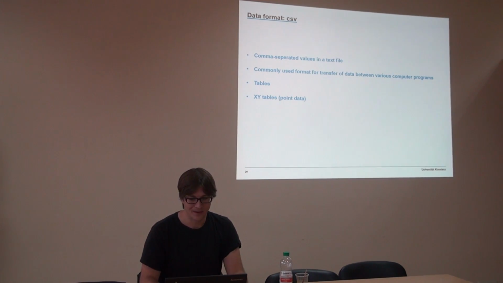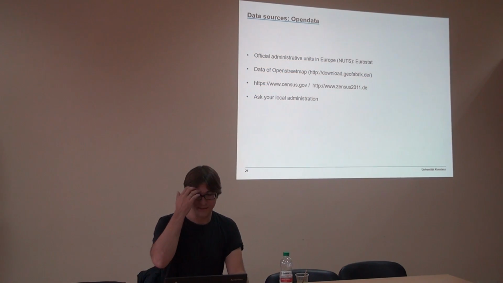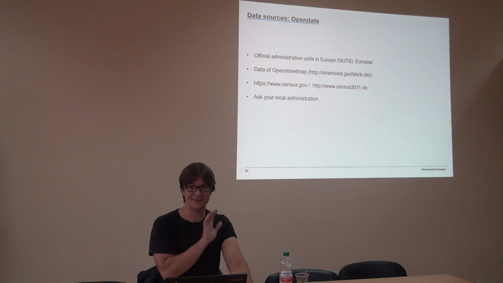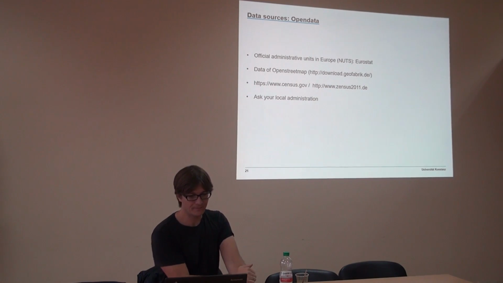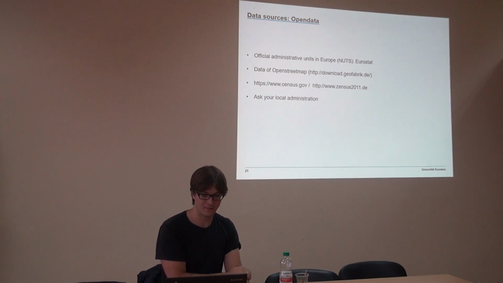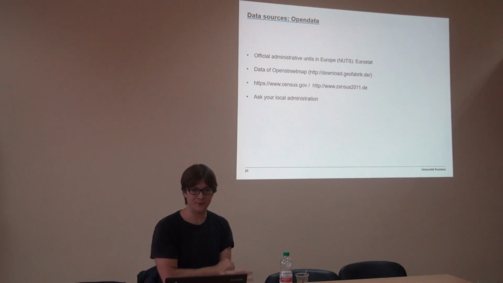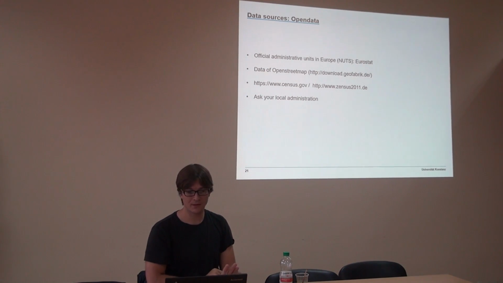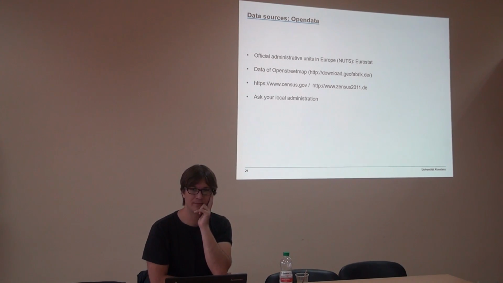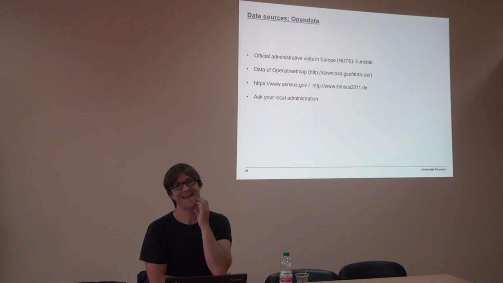Okay, now we come to data sources, and I already gave a quick overview about data sources in the last lecture. You can download a lot of shapefiles about administrative units in Europe from Eurostat, or you can use data of OpenStreetMap. This is a German website, but you can download OpenStreetMap data for different countries and different regions within a country.